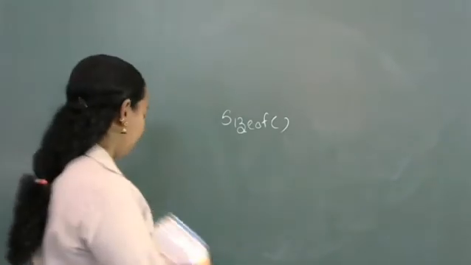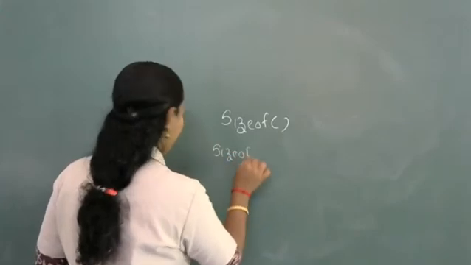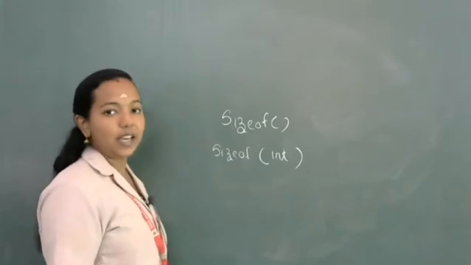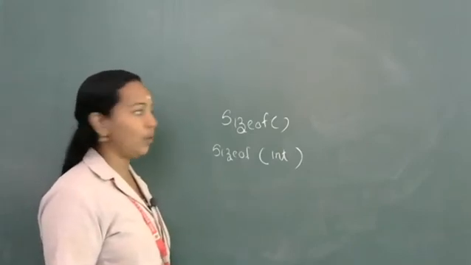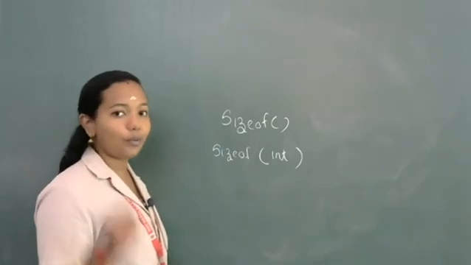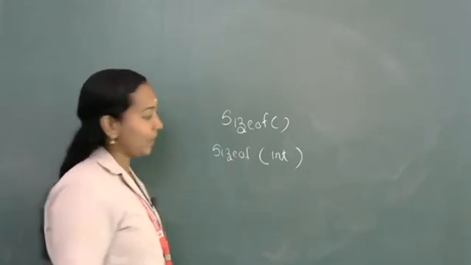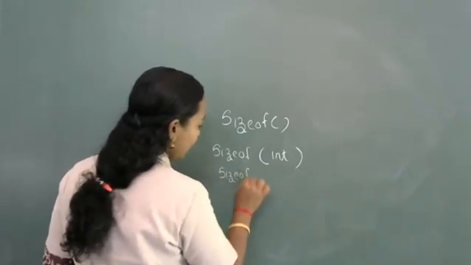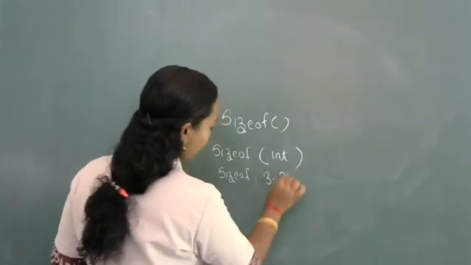Example: sizeof int. What will be the result? The number of bytes required for storing an integer value, 4 bytes. Then next one, sizeof 3.2.